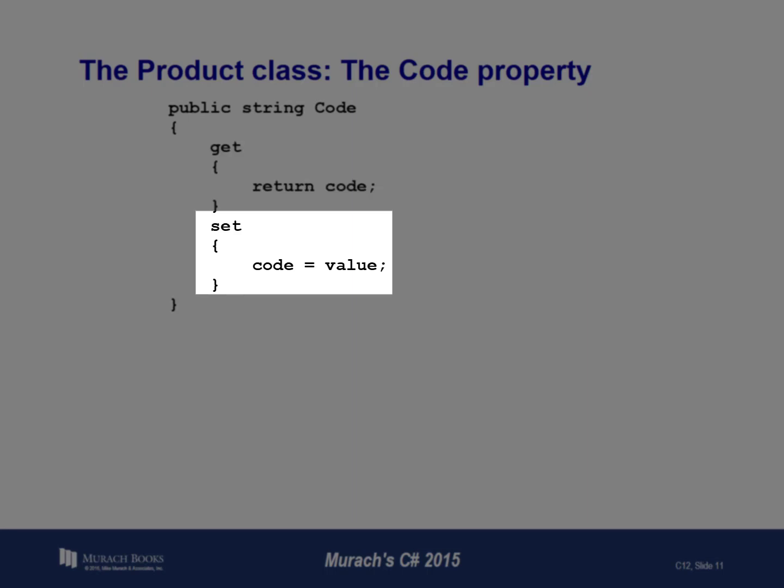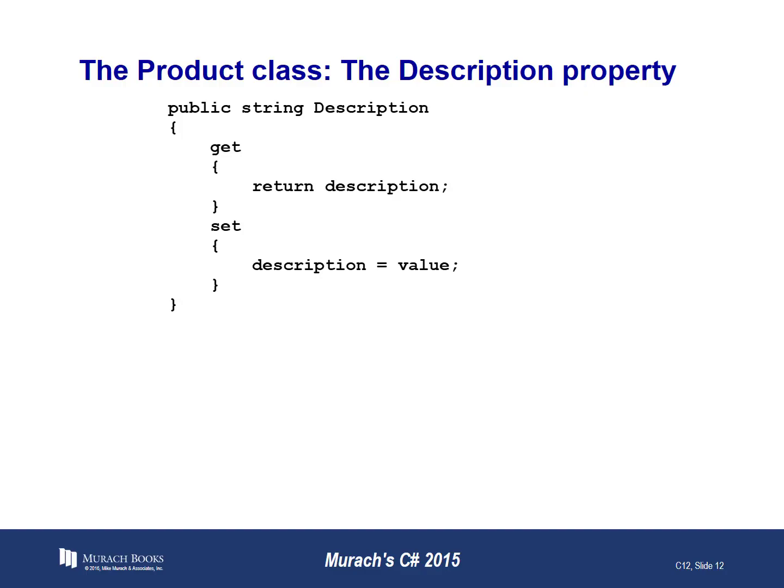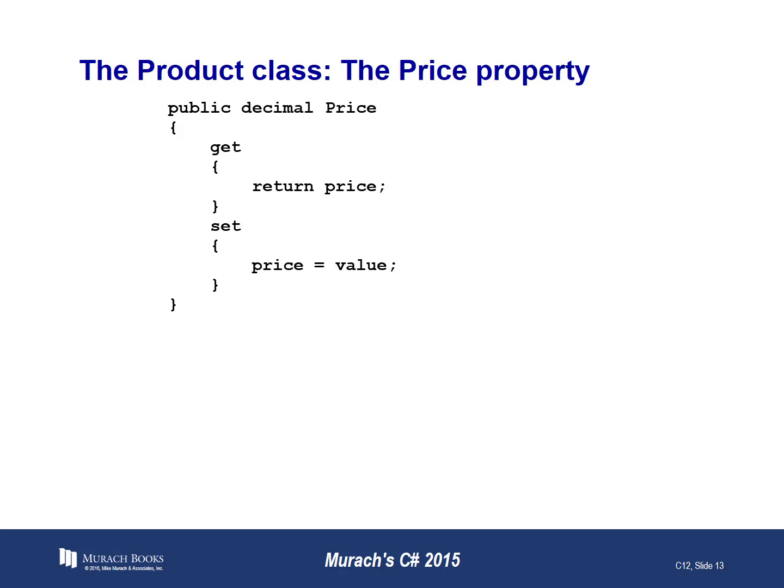For our set, the user is sending information into the class. So we're taking whatever value they provided and we're storing it in our own private variable. In this case, code gets set to value. You can see the description behaves very similarly, where we either send information to the user or receive information from the user. And the price property is also very similar, the only difference being that price is type decimal.